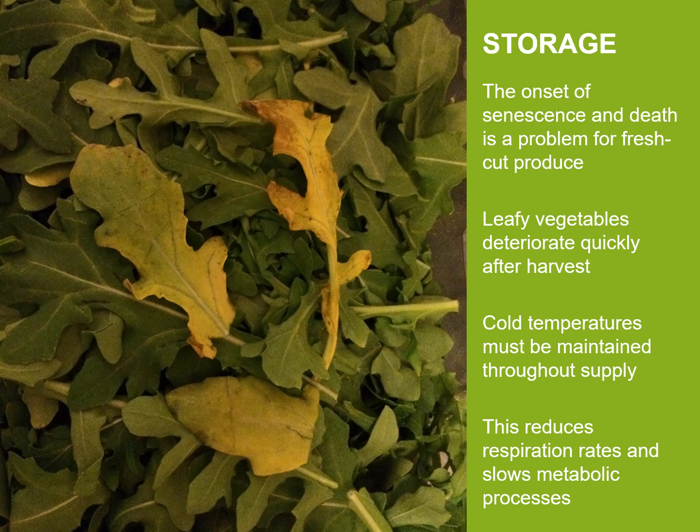So by cooling the leaves down, this reduces their respiration rates and slows the metabolic processes which are controlling senescence. So even though these leaves have been harvested, they are still alive, but are slowly senescing and dying. And so maintaining cold temperatures is the primary way in which that degradation is delayed.